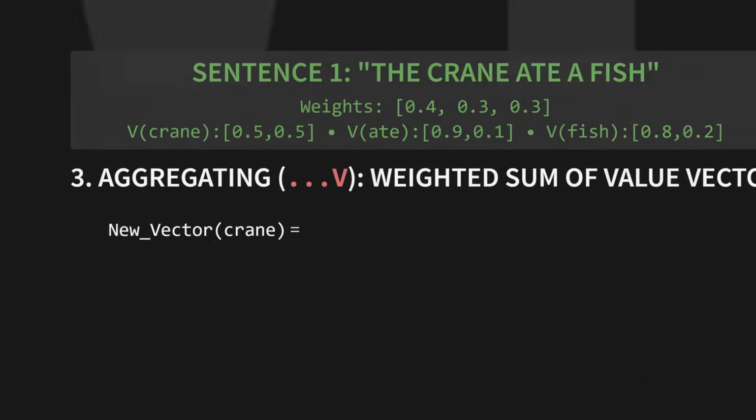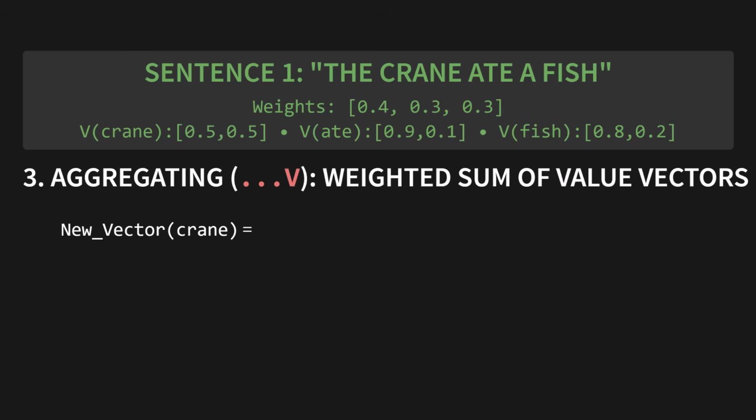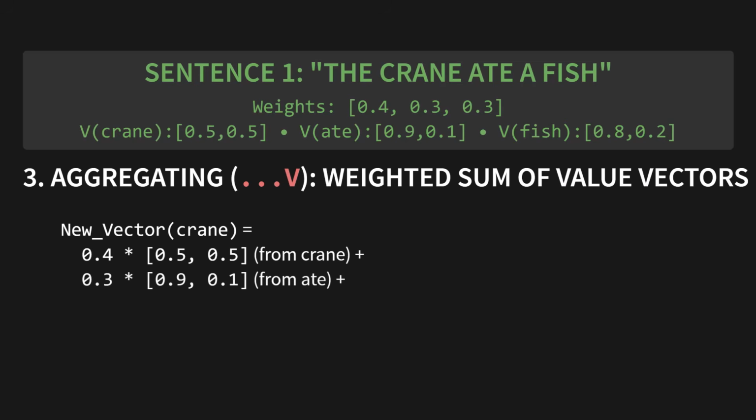Okay, step 3, aggregating. We take those weights and multiply them by the value vectors. So the new vector for crane is 0.4 times the value of crane, which is 0.5, 0.5, plus 0.3 times the value of ate, 0.9, 0.1, plus 0.3 times the value of fish, 0.8, 0.2.